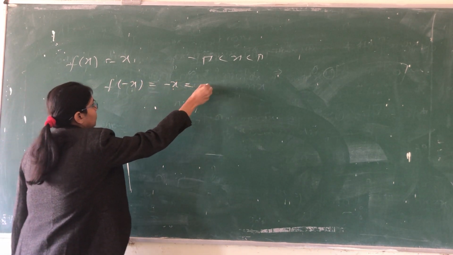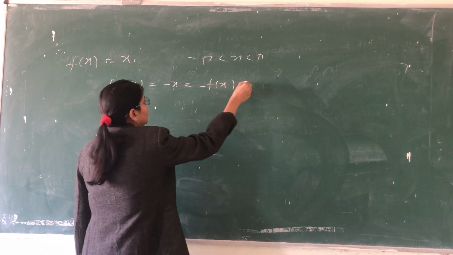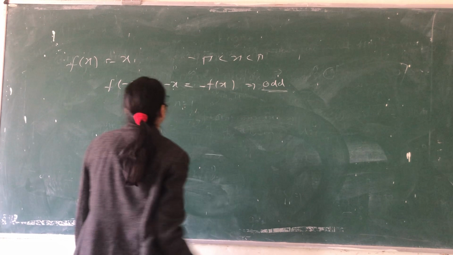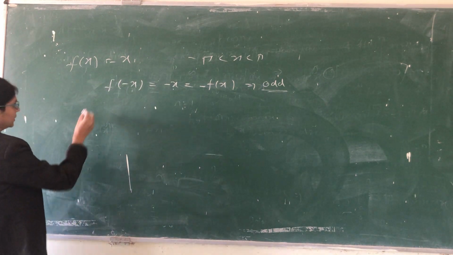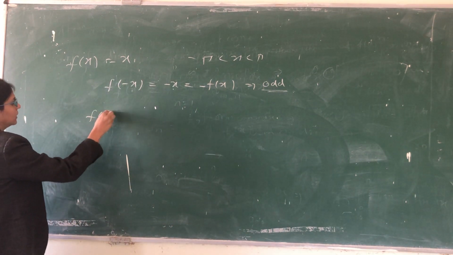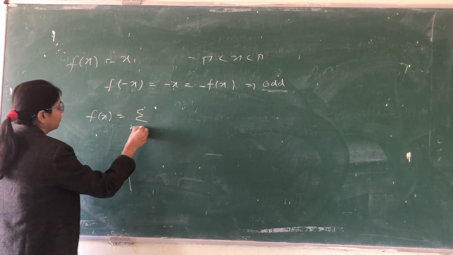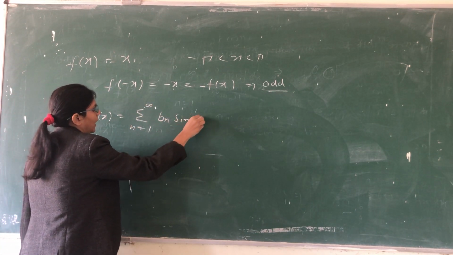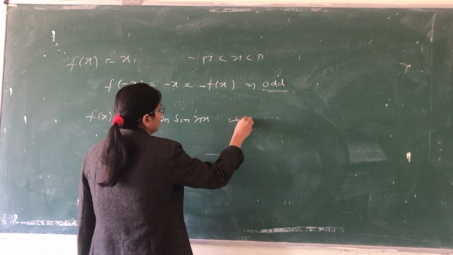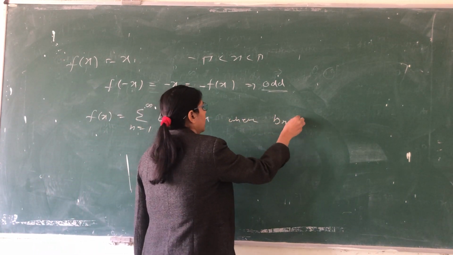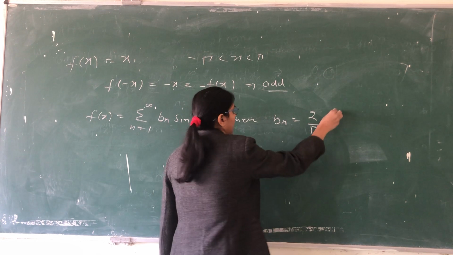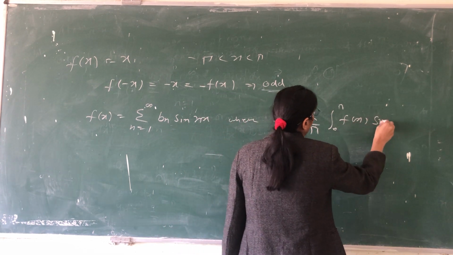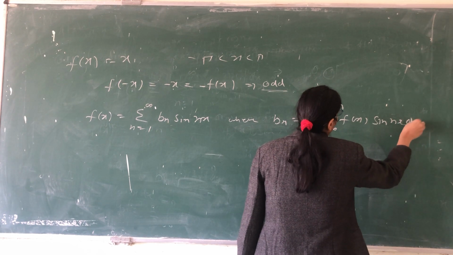So our function is an odd function. Applying the odd function case, the Fourier series is f of x equals summation n from 1 to infinity bn sin of nx, where bn is defined by 2 upon pi integral 0 to pi f of x sin of nx dx.